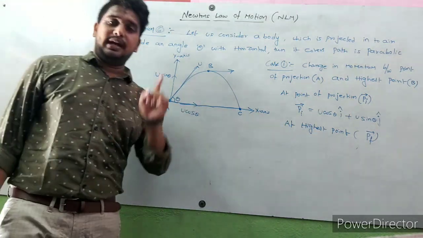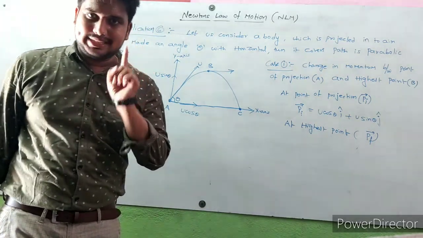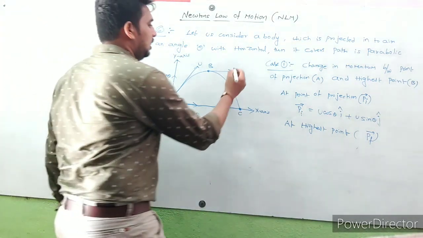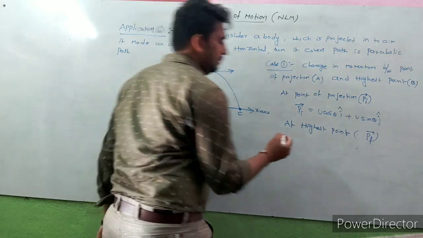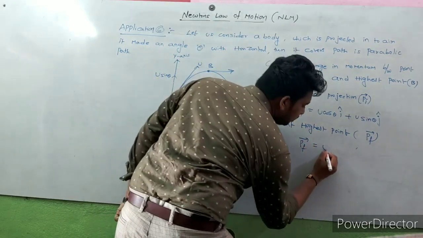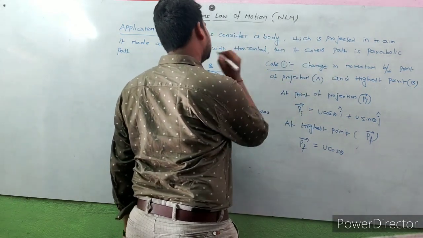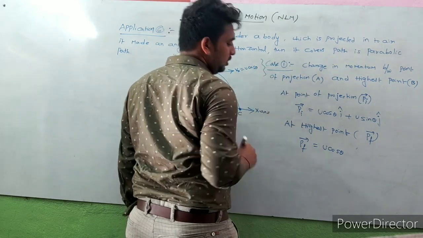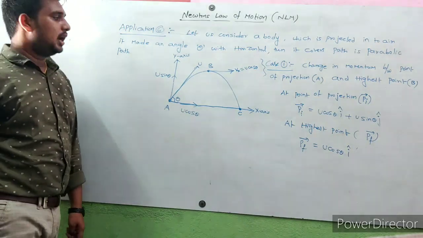Already you know, at the highest point only the x component exists, and the y component is 0. So p f bar is u cos theta, which is Vx, so Vx is also u cos theta. So u cos theta i cap.